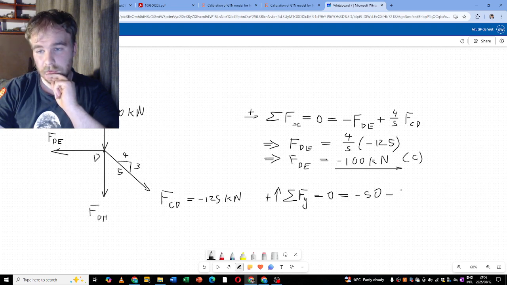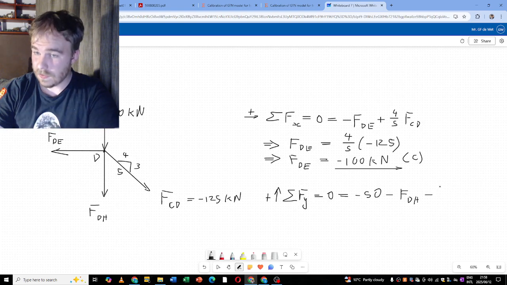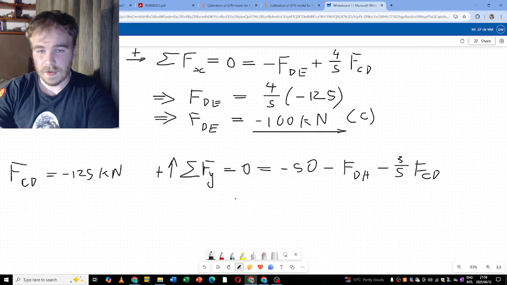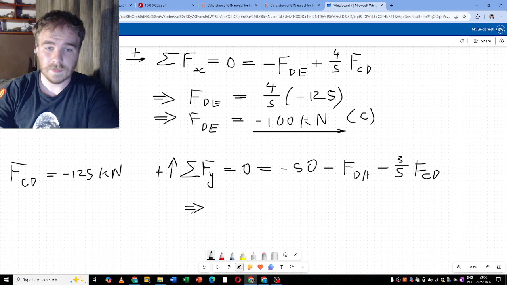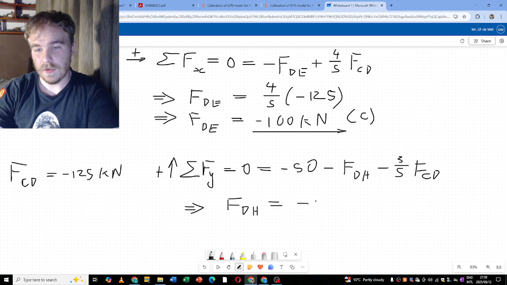And then negative FDH, and then negative again, negative 3/5 FCD. Okay, then we rearrange these guys to get FDH alone, and it's going to be equal to negative 50, negative 3/5 times negative 125.